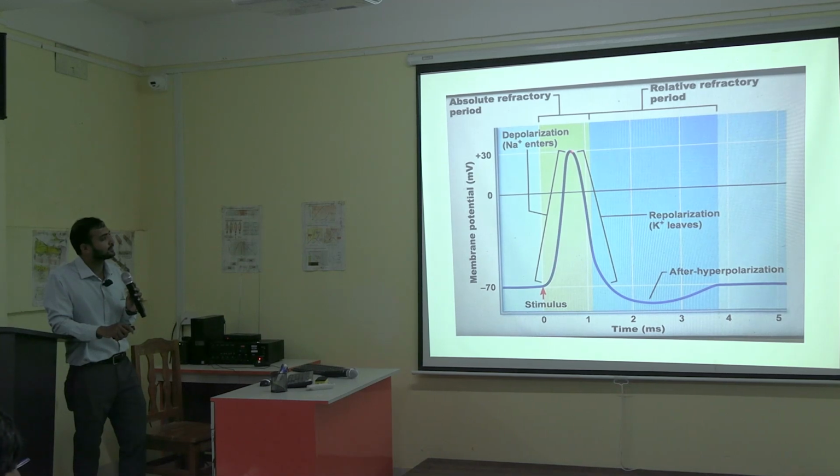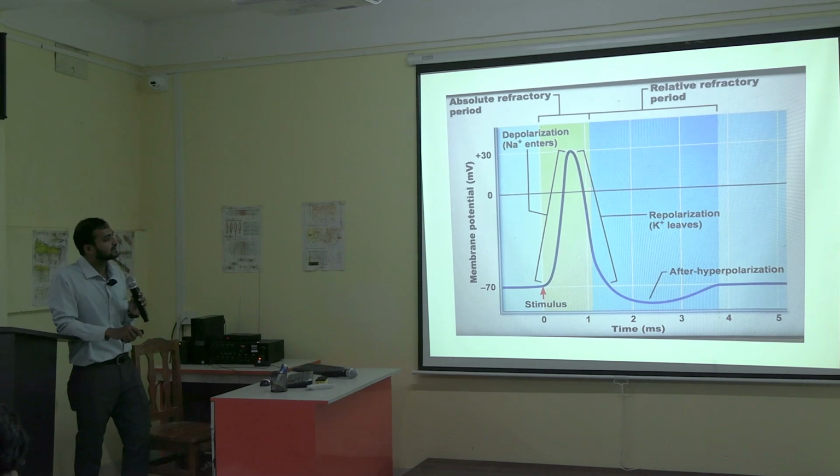Here what will happen? Not M. N-gated channels, yes. N-gated channels will get closed and this influx will be reduced, not completely blocked. After reaching there, it will drop fast.